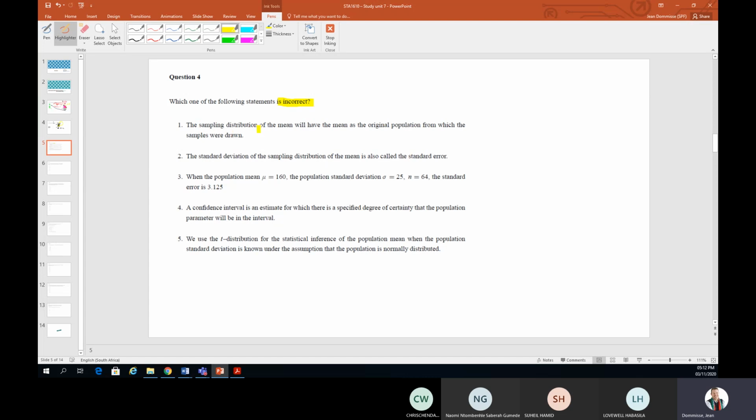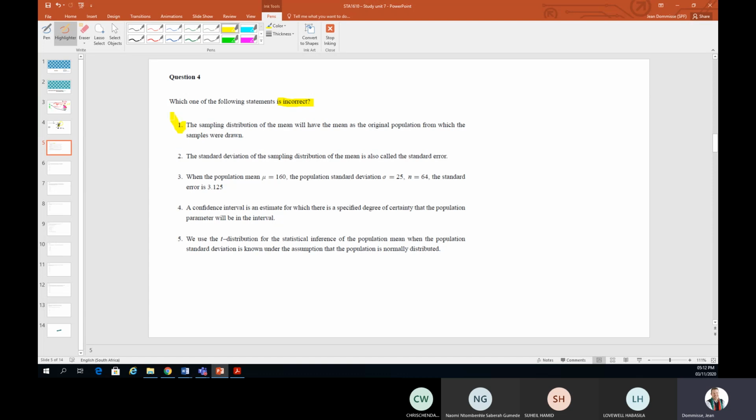The sampling distribution of a mean will have the same mean as the original population from which the samples were drawn.